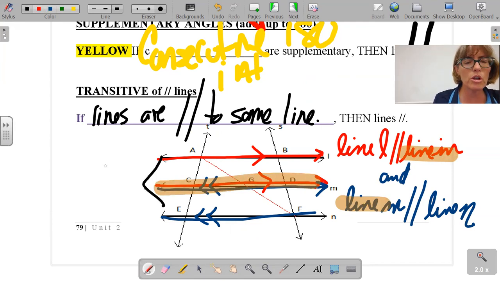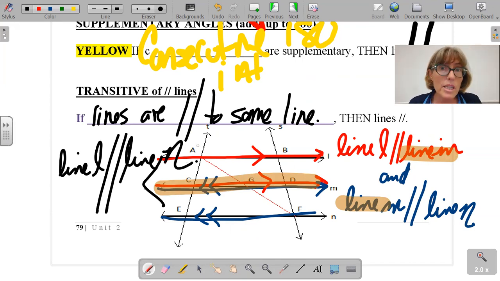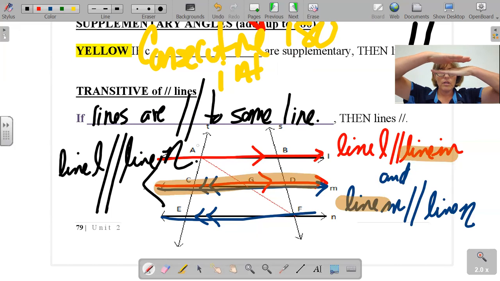Therefore, you can conclude by transferring the fact that line L must therefore be parallel to line N. That is called the transitive property of parallel lines. So 2 lines parallel going this way, then these 2 lines parallel, and they're parallel to the same line.